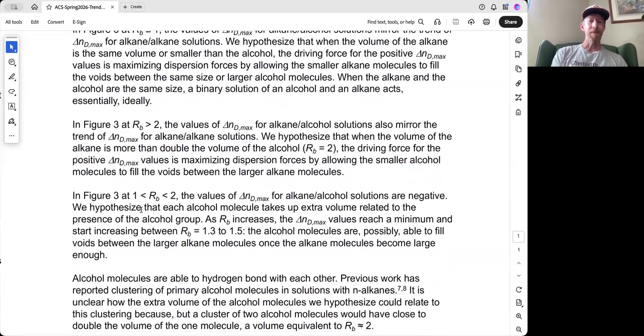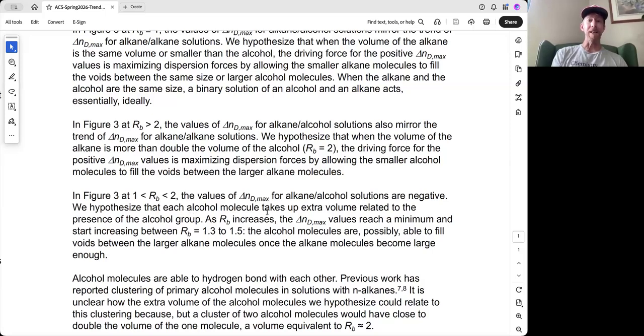And it says between 1 and 2 RB values, the values of delta ND max for alkane alcohol solutions are negative. And I have done this on purpose. It's alkane divided by alcohol. So they are these type of solutions, but that's why greater than 2 means the alkane is greater than twice the volume of the alcohol. But between 1 and 2, sorry, we're talking about between 1 and 2 now.